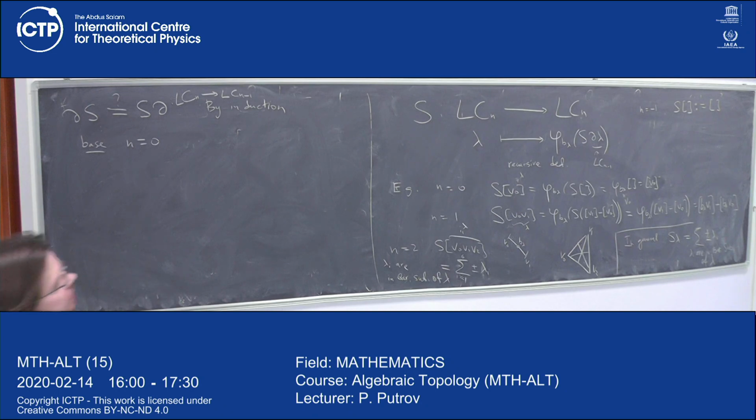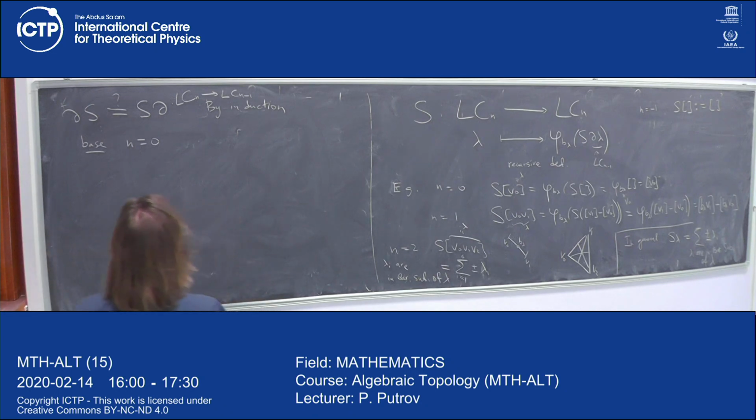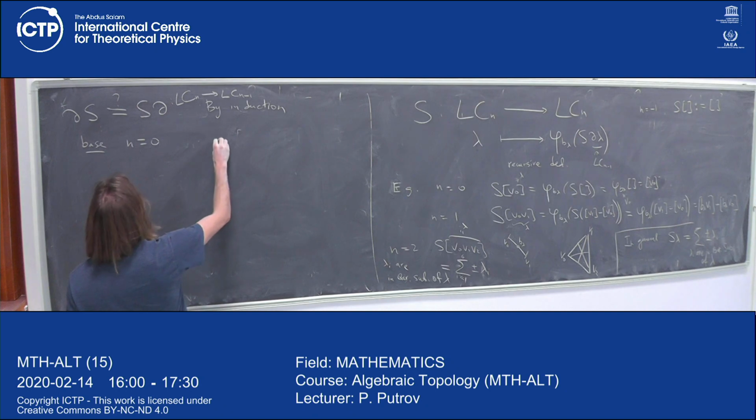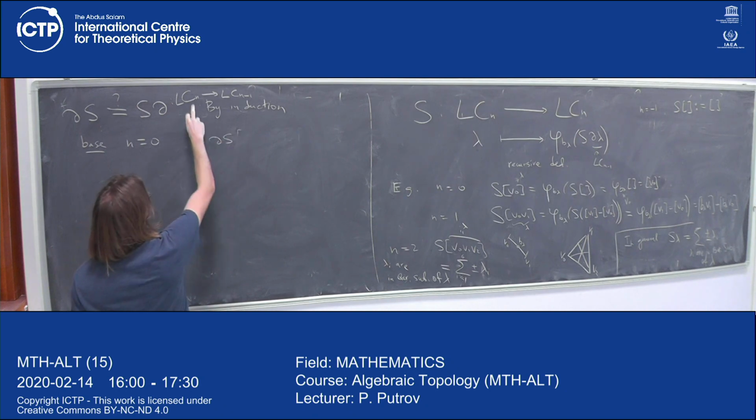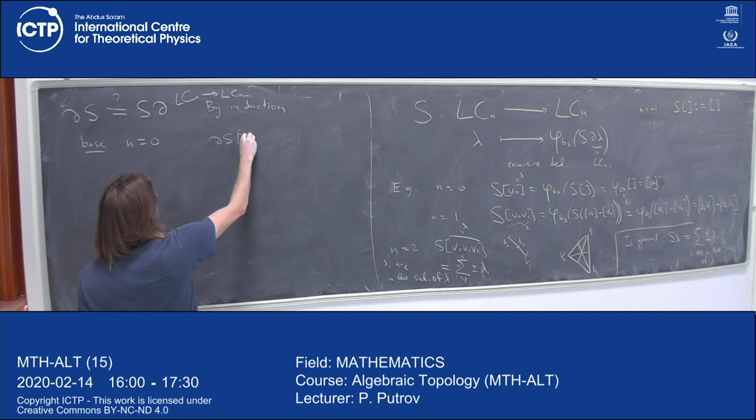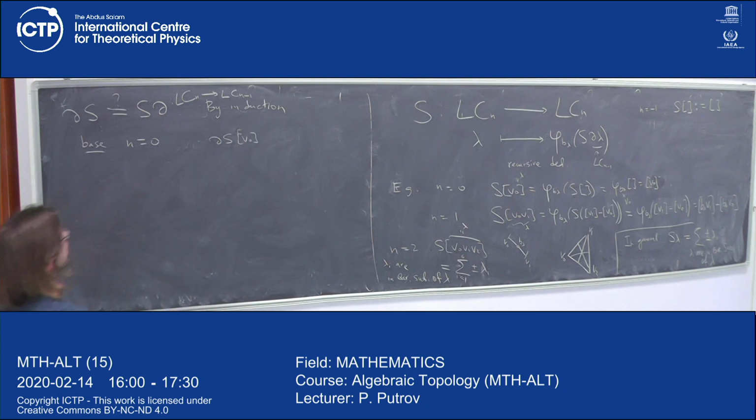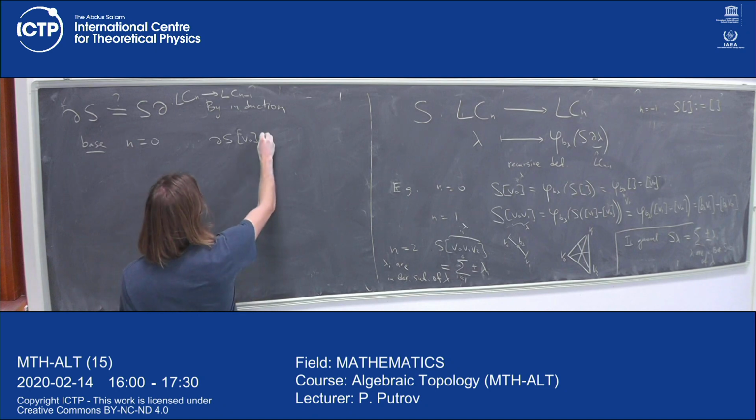Okay, so for n equals 0, we start with some generator v0, just a single vertex.